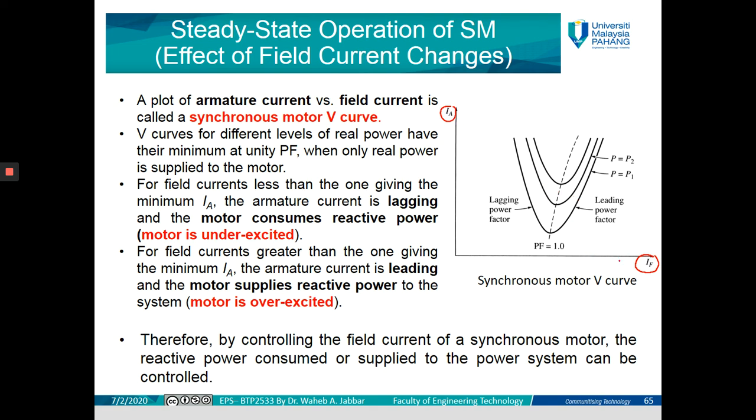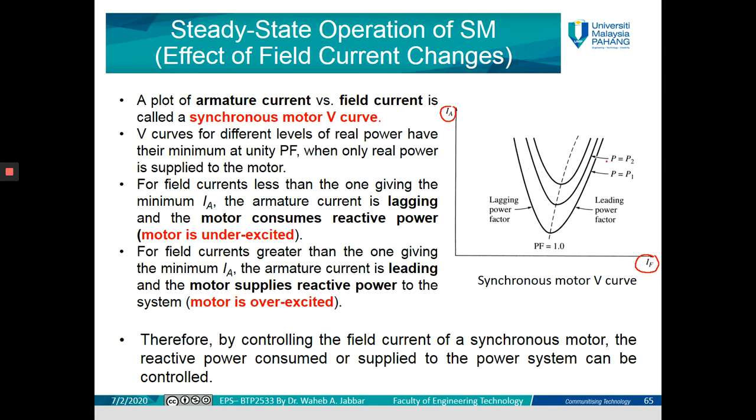As the field current increases, we can see what happens to the armature current by controlling the field magnetic flux. By increasing or decreasing the field current, we get the V curve, which represents the relation between IF and IA.